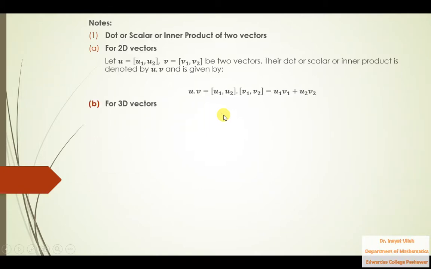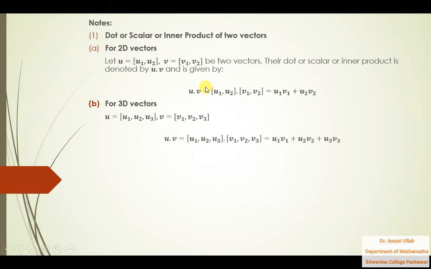Similarly, if we have a 3D vector, for example a vector having components u1, u2, u3, these vectors have three components: the component along the x-axis, y-axis and z-axis. So these vectors lie actually in space. So let's say you have these components and we have these components.